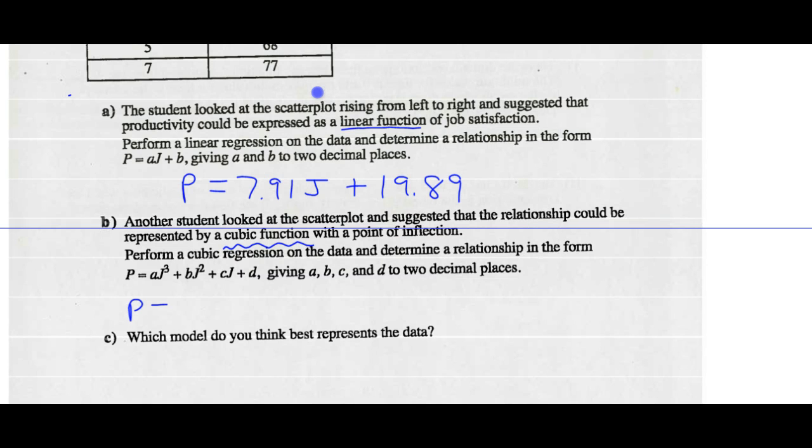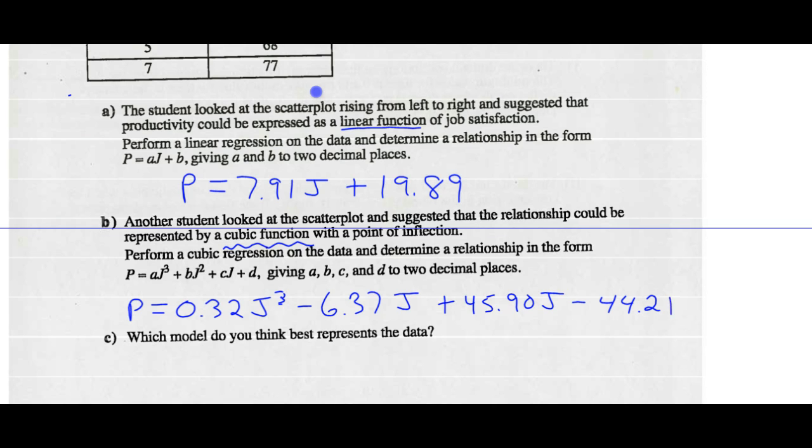So P would equal, A we said was 0.32 J cubed, B was negative 6.37 J squared, C was 45.9 J, and D was negative 44.21.